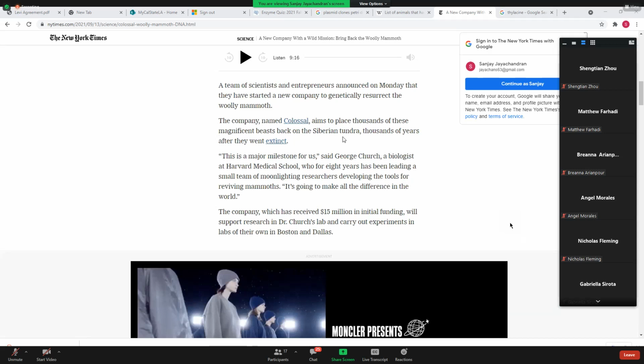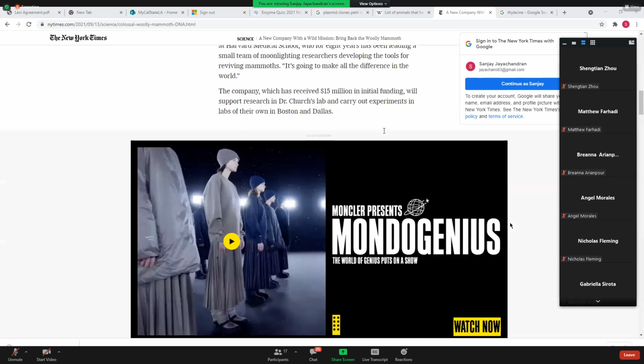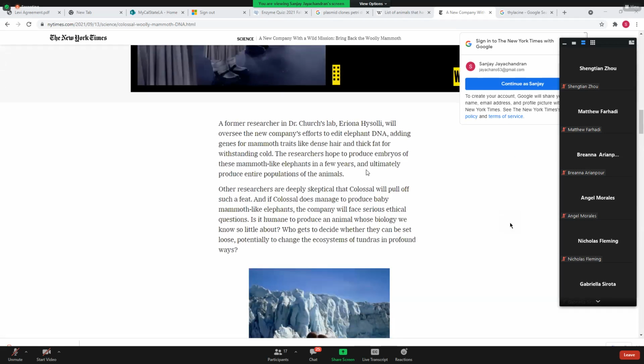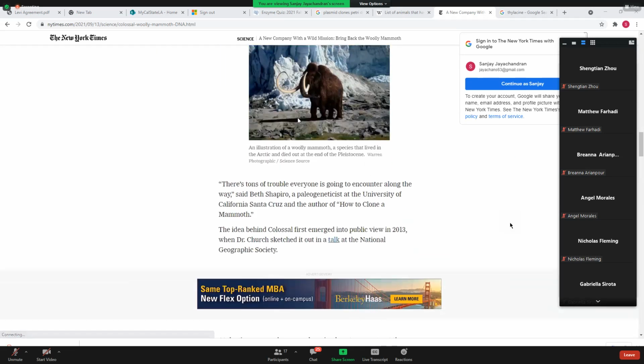That's the beauty of it. So it's kind of like a mammoth elephant almost. Nowadays with CRISPR, you don't have to go find dinosaur DNA. You don't have to find the exact DNA. You can edit the DNA of something that's close to that animal. And that's what they're going to do. Their goal is to make this. How to clone a mammoth, right?